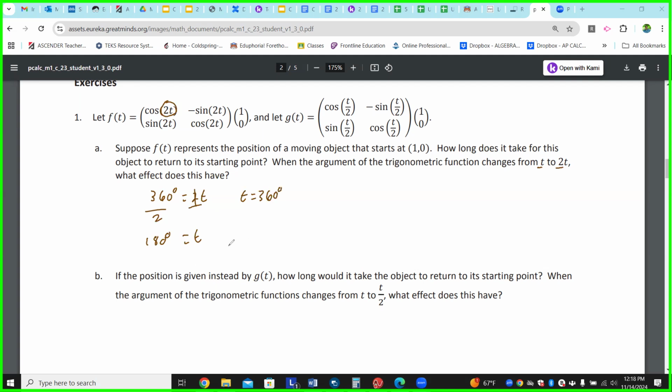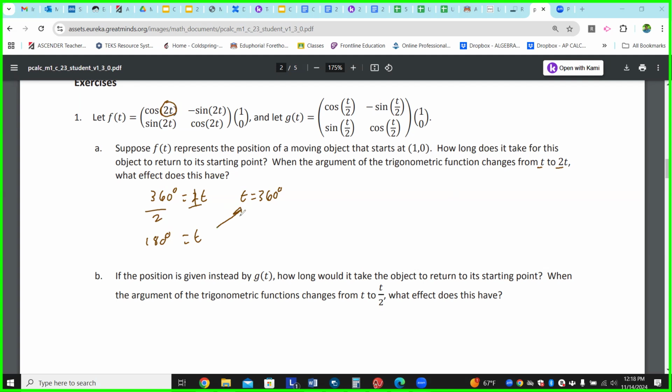So 2t has to equal 360. If I divide by 2, t equals 180 degrees. And then t would equal 360 if I wasn't doubling it.